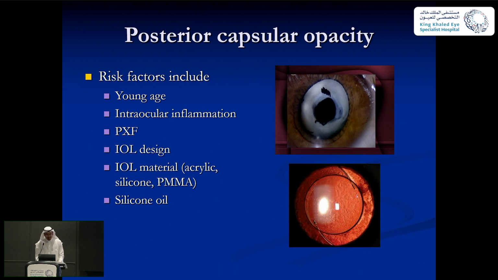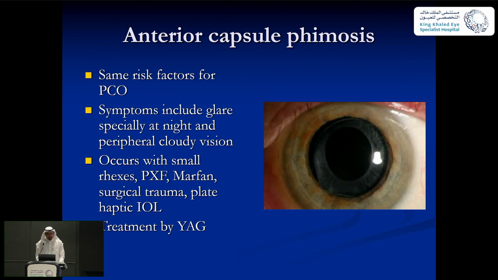IOL material, acrylic, silicone, PMMA, or silicone oil, are all posterior capsule opacity risk factors. Anterior capsular phimosis is shrinking of the anterior capsule, and we see the capsular rhexis opening getting smaller and smaller with time. It has the same risk factors as posterior capsular opacity.